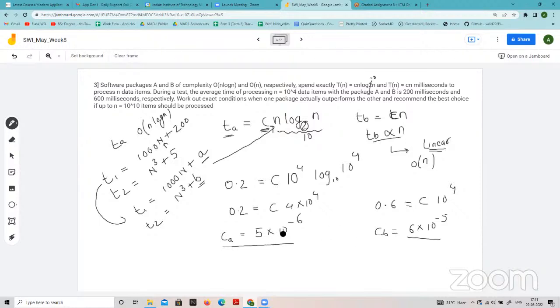All right, now that we have the values of C of both the functions, we actually have the entire function now, right? So I'll remove this. This is just to explain, right? This is not required.